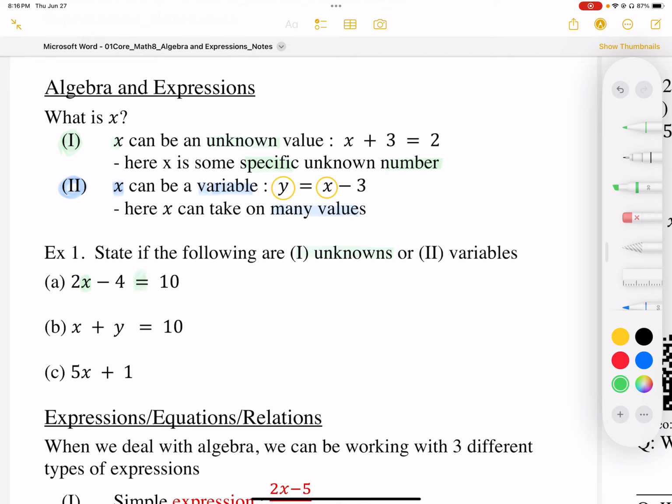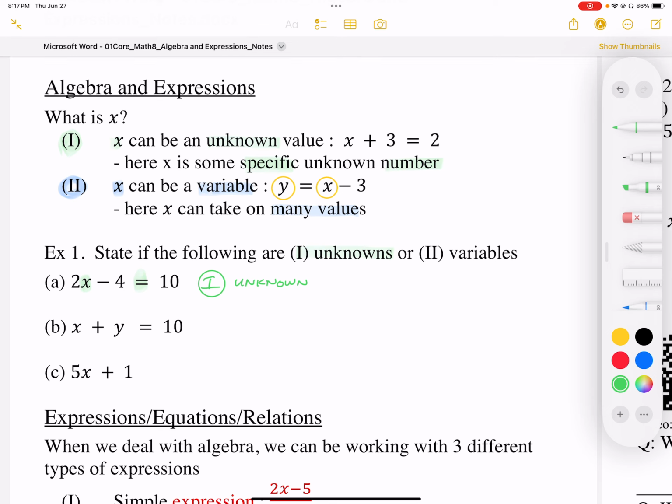Okay, so there's only one variable, there's an equals. This means that it's an unknown. It's just an x standing in for a specific value that we don't really know what it is. In this case, it happens to be 7. So if I put 7 in there, I get 2 times 7 minus 4 equals 10. So that is an unknown.